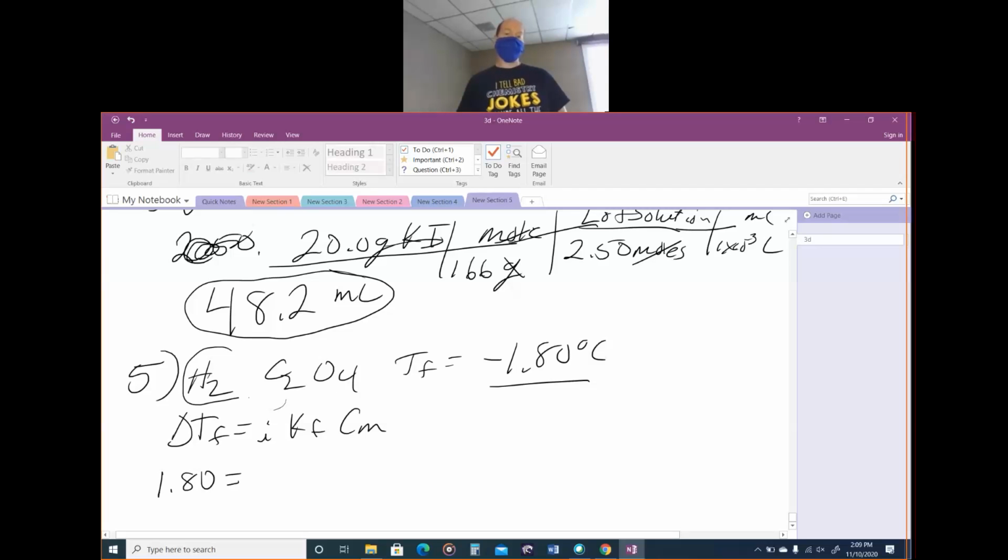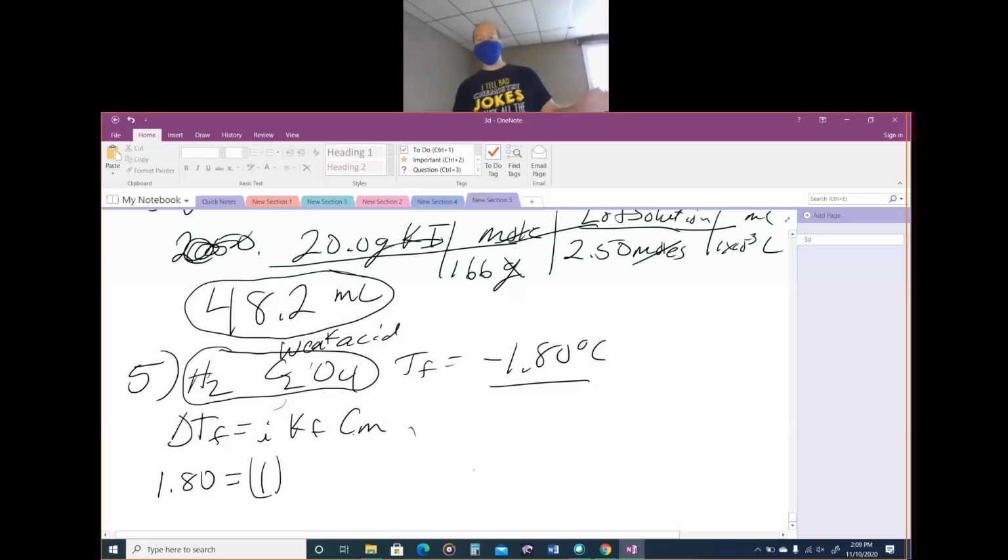The i value is interesting. This is an acid. When we did chapter 4, did we break it up? Did we not break it up? We had our 6 strong acids. This was not one of them. So this is a weak acid, and remember, if you have a weak acid, it all stays together. When it all stays together, you have one molecule in solution. This does not break up.